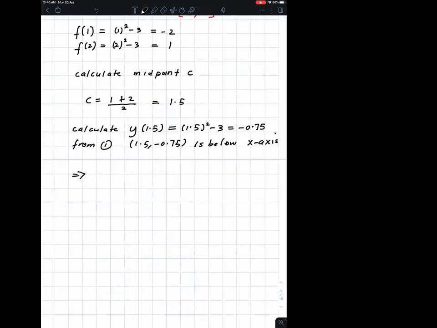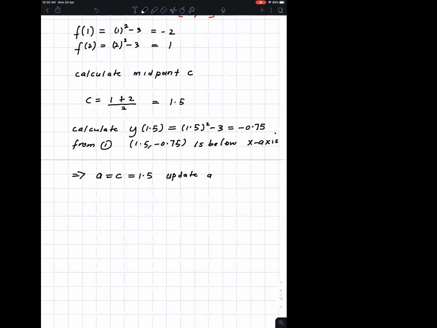Therefore, A is going to be C, and that's going to be 1.5. Updating A. So this is your new A.